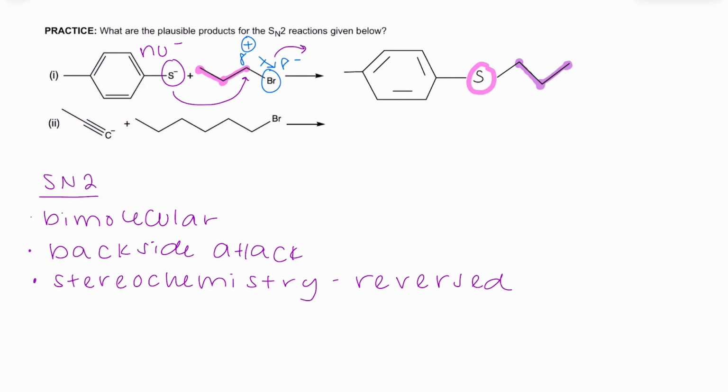Starting with prop-1-yne-1-ide, we can notice quite obviously that carbon is negatively charged here. So this makes it a strong nucleophile. Let's label that. And we know from the first problem that this bromine atom is going to be a good leaving group. So this will be the electrophile.